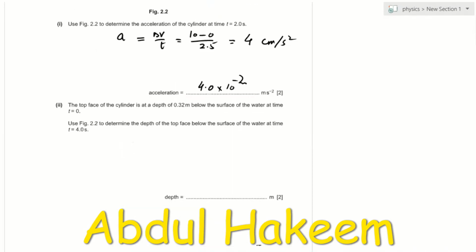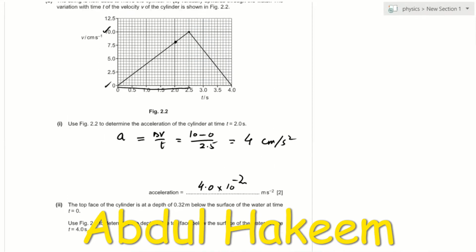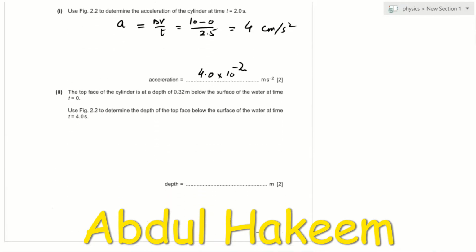Now the next part is: the top face of the cylinder is at the depth of 0.32 meter below the surface of the water at the time 0. Determine the depth of the top face below the surface of the water at time 4 seconds. So first we will calculate how much distance is covered upward in 4 seconds, meaning the area of this triangle.